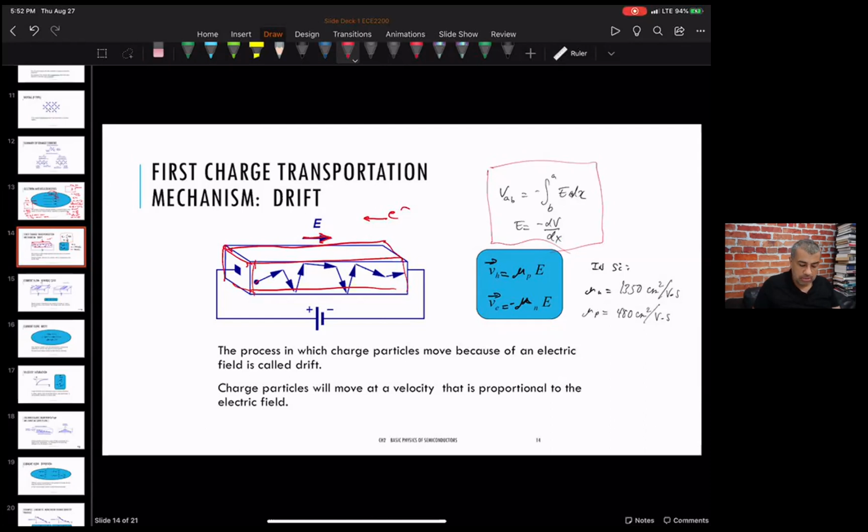But in general, they drift along in the opposite direction of the electric field. So the general motion is in this direction. But if you look at an individual electron or individual carrier, it'll just be sort of bouncing around.